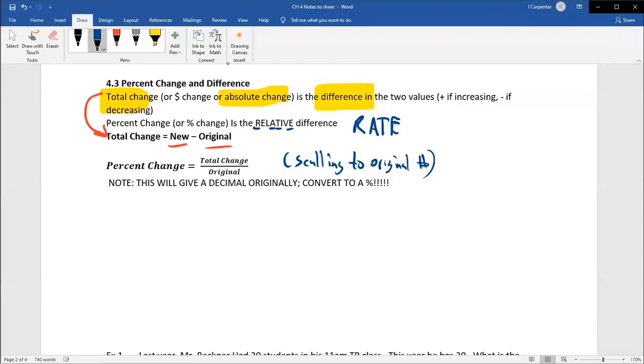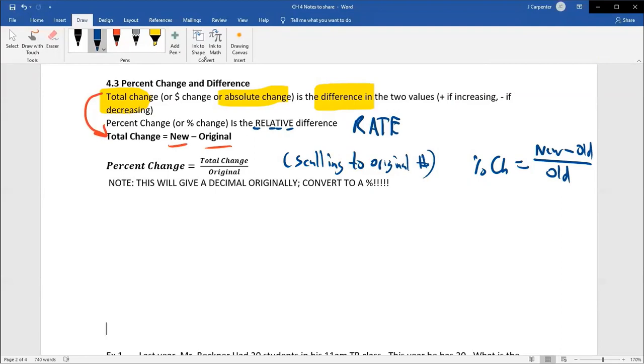Some people will say, let me just say percent change is equal to the new minus the old, and then divided by the old. Old, original, those are interchangeable words. And yes, that is the formula as well, but it's two steps now instead of one. So if you remember that total change is a difference, and percent change is the ratio of total change to original, each of those things is only one step.